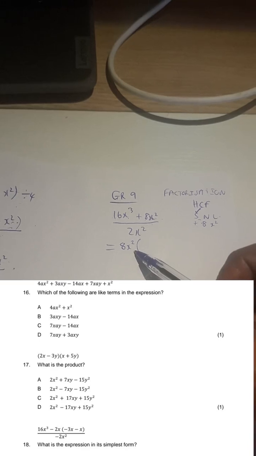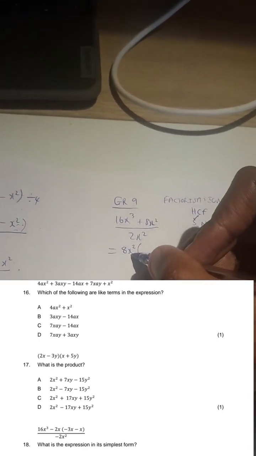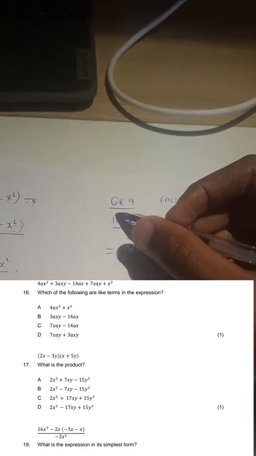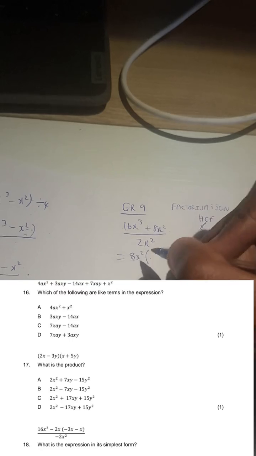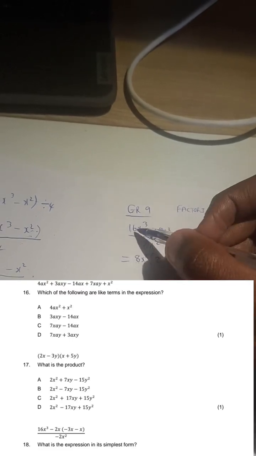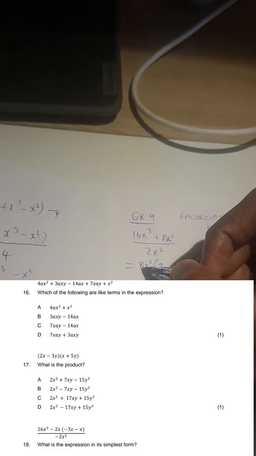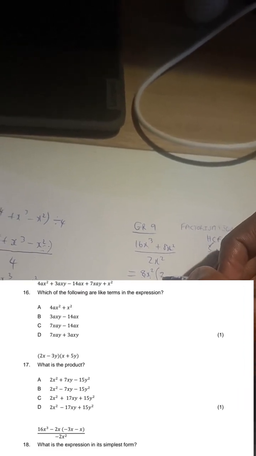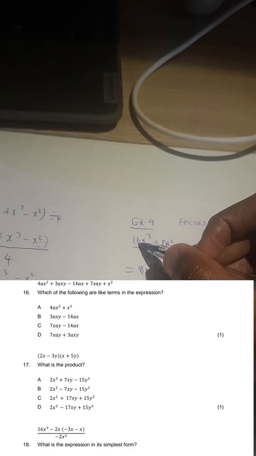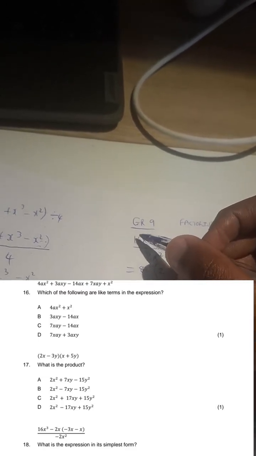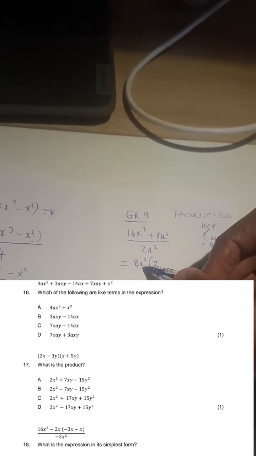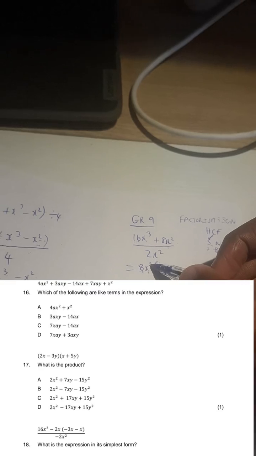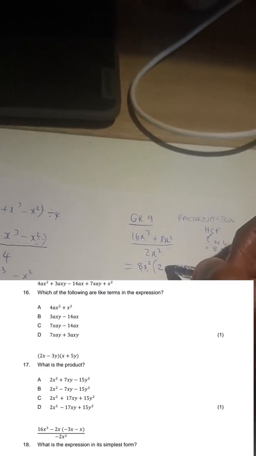Then if I take out 8x squared, what is left? 8 times what gives me 16? It is 2. Or you can say 16 divided by 8 is equal to 2. You took out x squared. You took out 2 x's. You need to have 3.